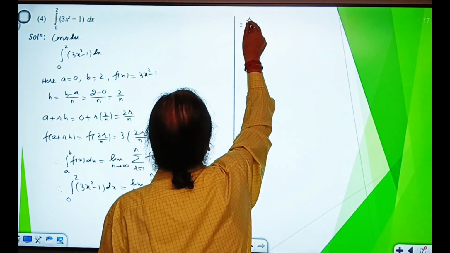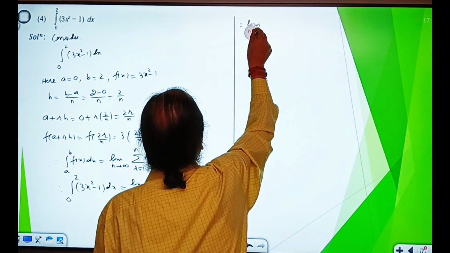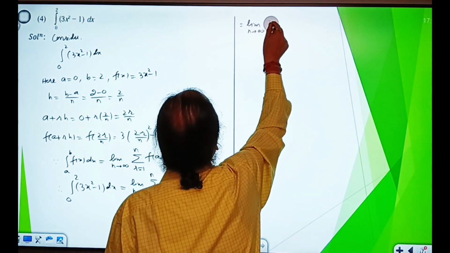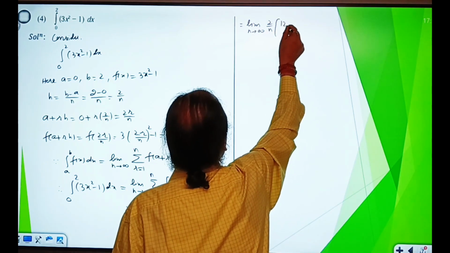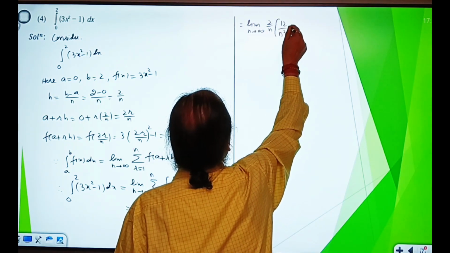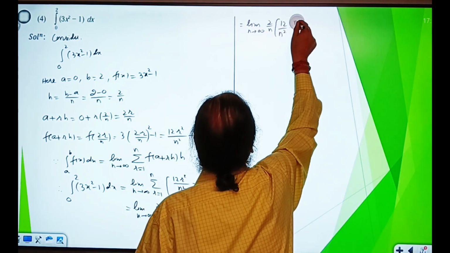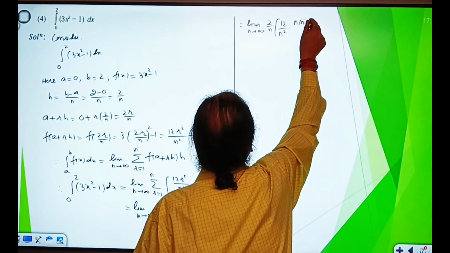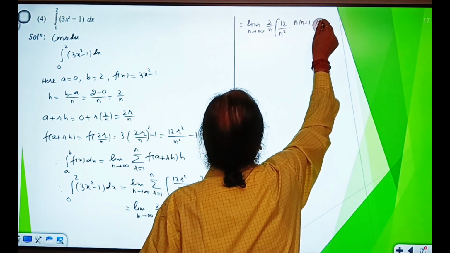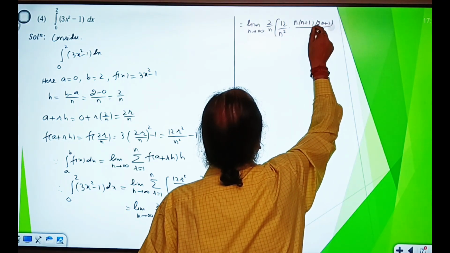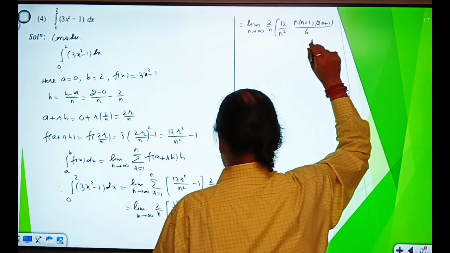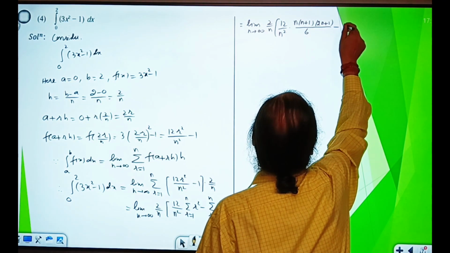Is equal to limit n tends to infinity 2 by n [into] (1 by n square) sigma r square is what? n plus 1 into 2n plus 1 upon 6, minus sigma 1 is what? n.